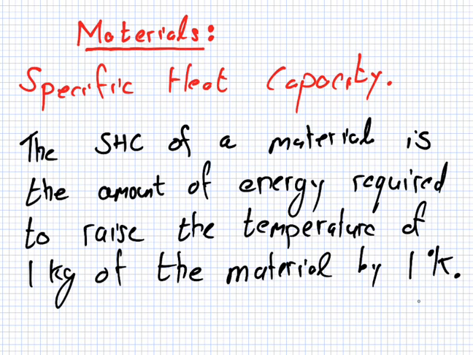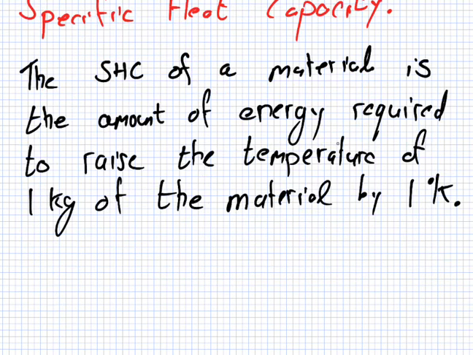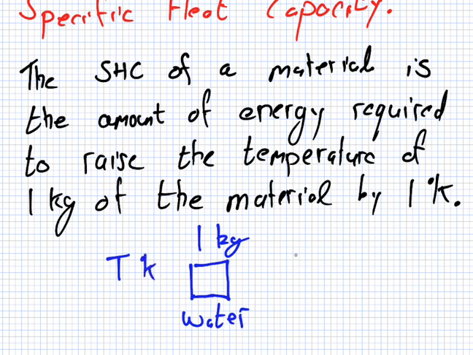So I'll give you a little picture here so you can try and picture it. If you have 1 kilogram of water at temperature T Kelvin, and you would like it to increase to temperature T plus 1 Kelvin.